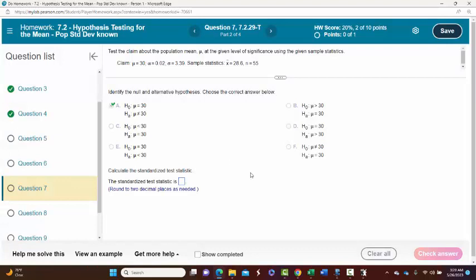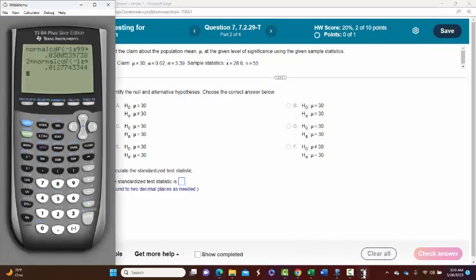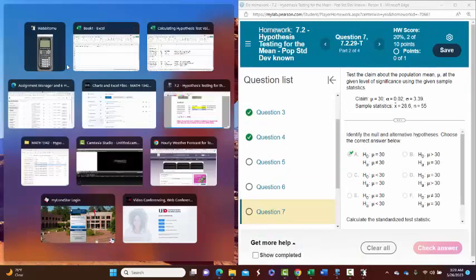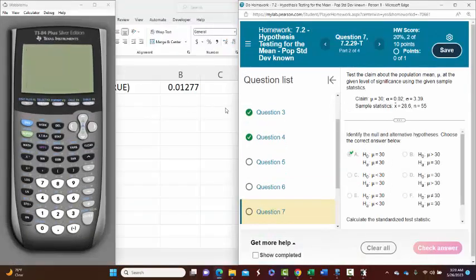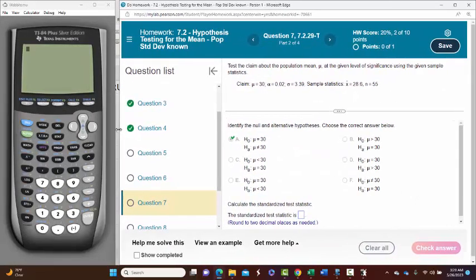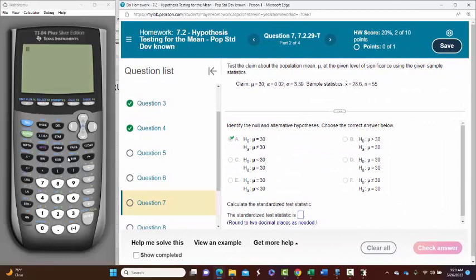Standardized test statistic. Calculator. We'll do this thing again. Bring that back up, slide this over. Much more efficient when I can look at the numbers, not have to toggle back and forth and try to remember them. That's not fun.